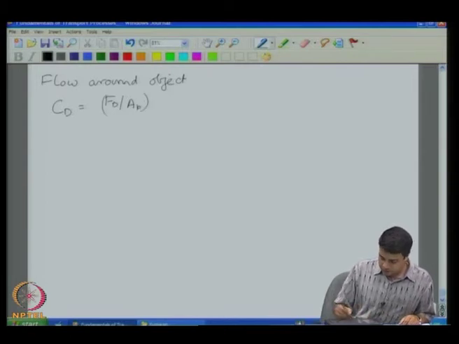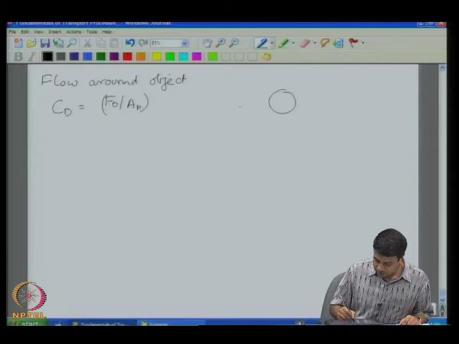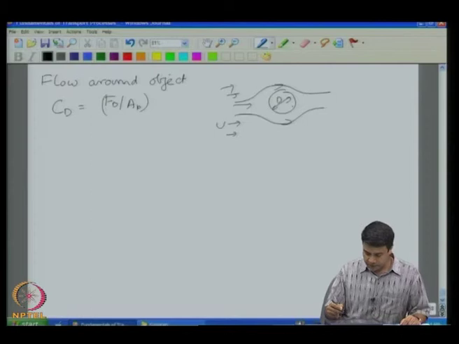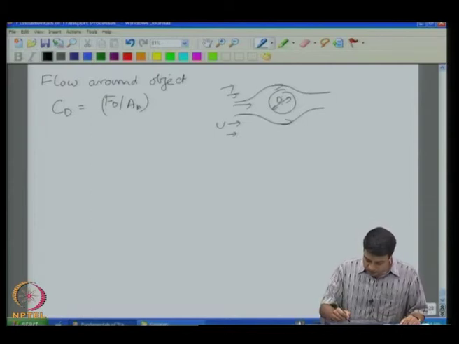So, if I have a sphere and there is a velocity going around the sphere with free stream velocity u, sphere diameter d, the projected area is the area perpendicular to the velocity vector.